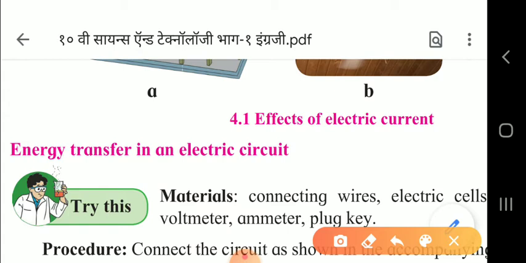Whatever is connected to the negative is the negative electrode, that is B.